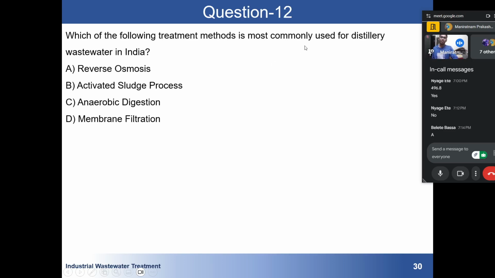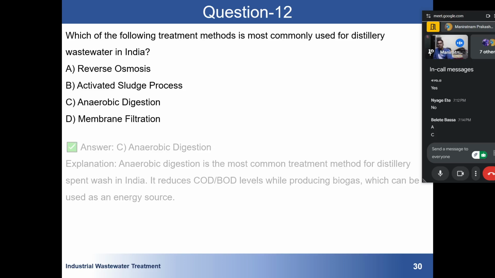Which of the following methods is most commonly used for distillery wastewater in India? C. What about anyone else? I request everyone to please participate. Yes, C is the correct answer.